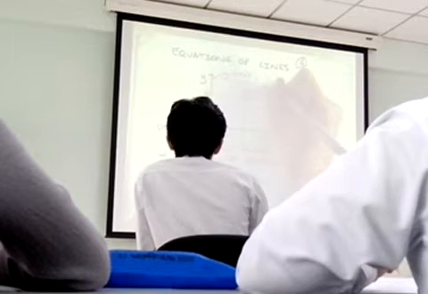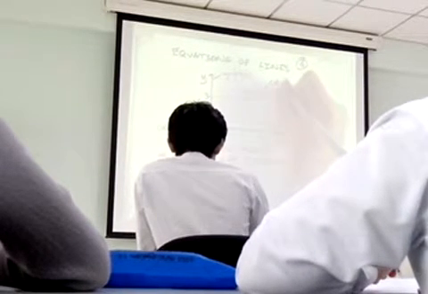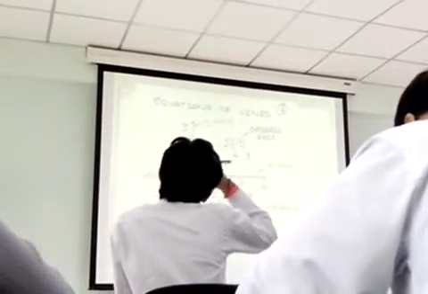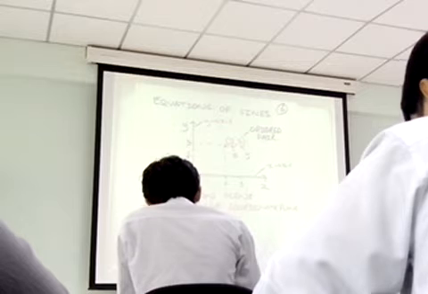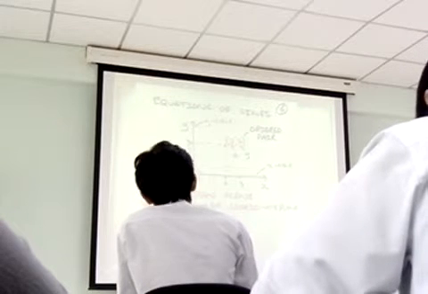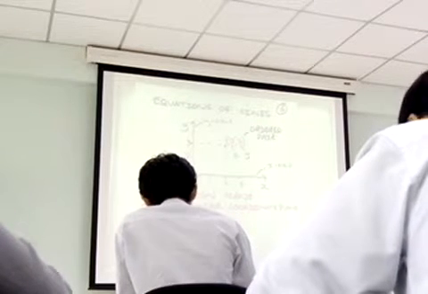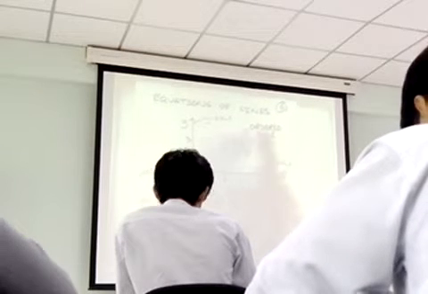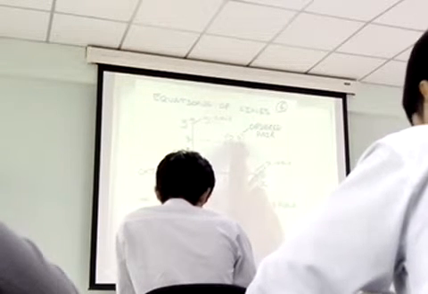This would be referred to as an ordered pair. So the first value represents x, and the second value represents y. So that's called an ordered pair, an x and y value.